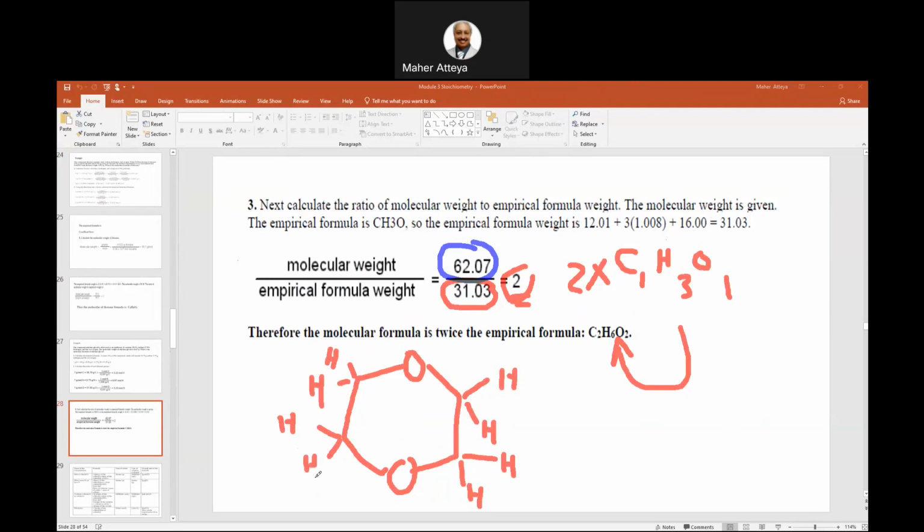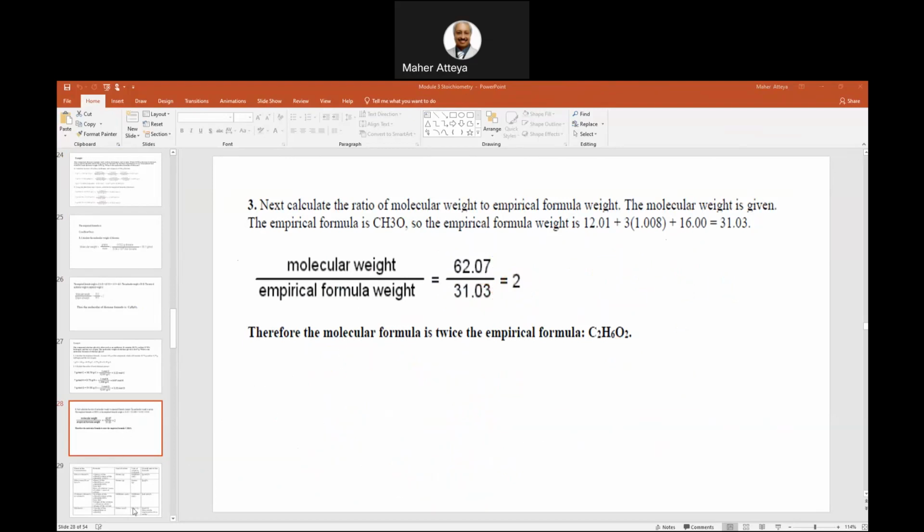That's not the antifreeze, sorry, that's dioxide. Antifreeze is a glycol, that's an alcohol. This is not alcohol. This is called an ether, a double ether. See, that's an ether. This one is an ether. So that's dioxide.